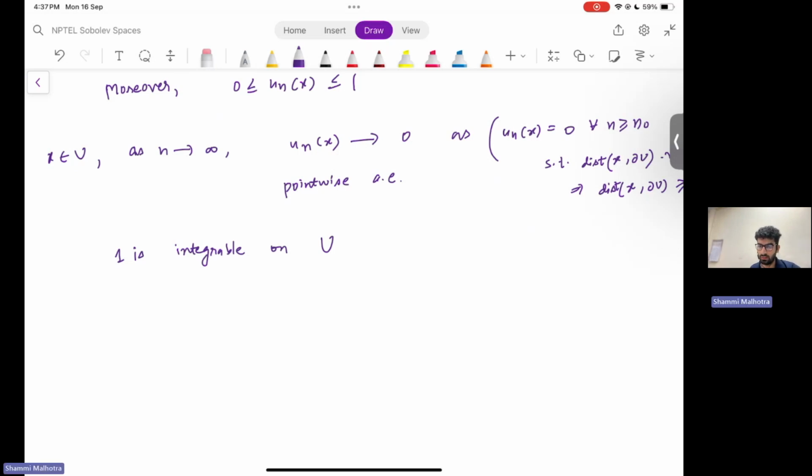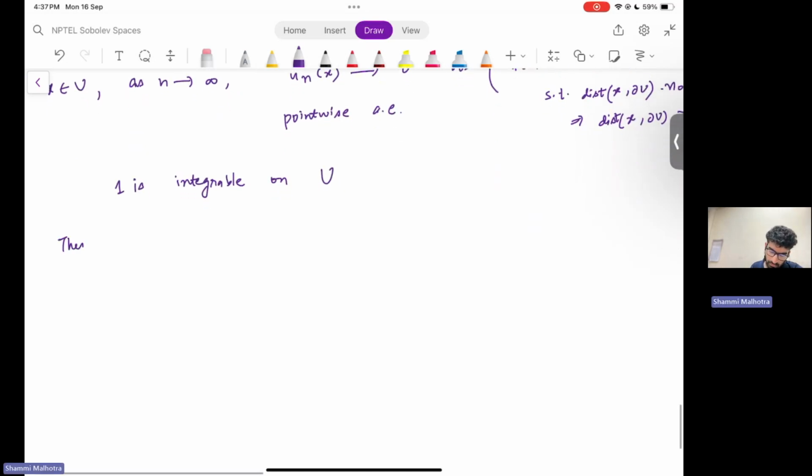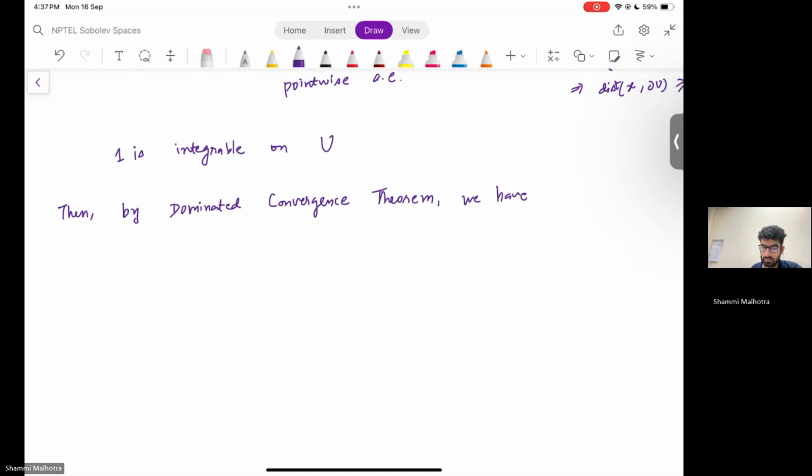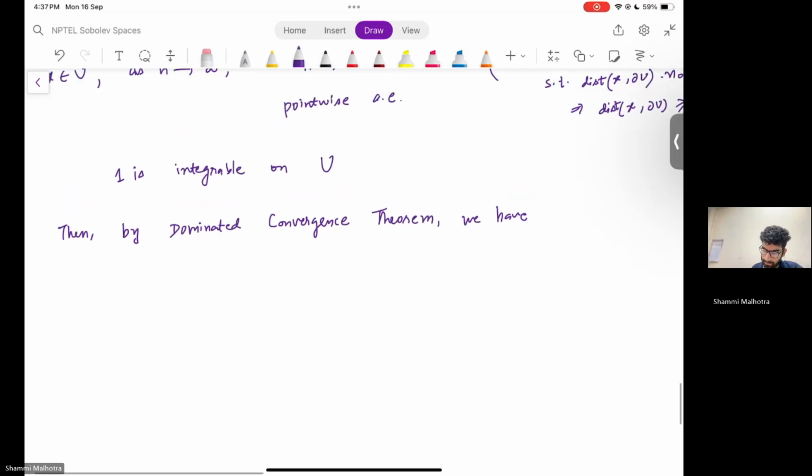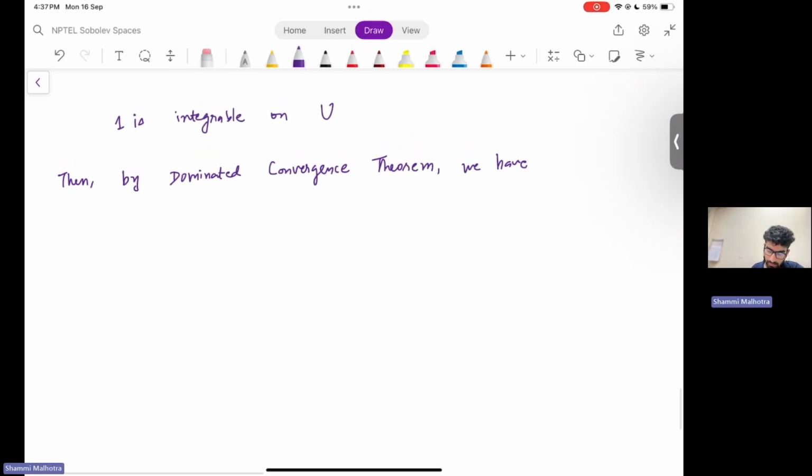So I can apply the DCT here. Then by the dominated convergence theorem, we have the norm of u_n in L^p of u to the power p.